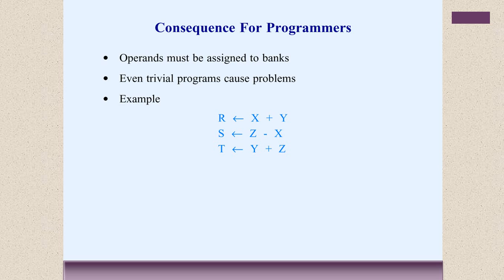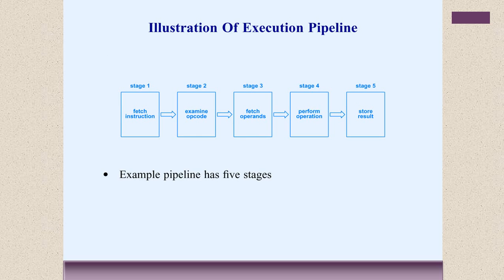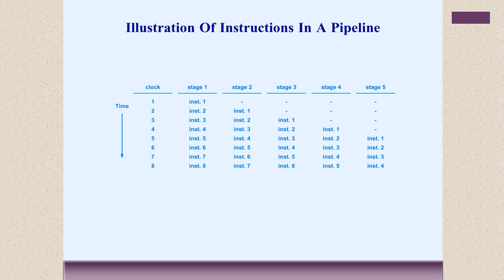But for the third assignment, y and z must both be in different banks. But unfortunately, in the first two assignments, y and z are located in the same bank, and therefore y and z cannot be operated upon. Okay, the rest of these are pretty self-explanatory. This is the list of stages in a pipeline.